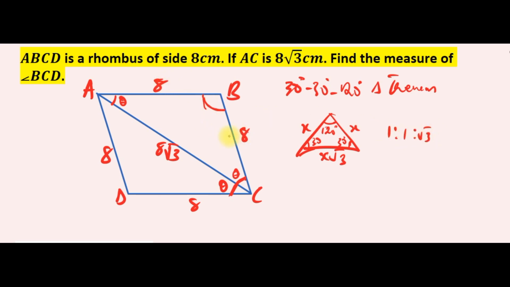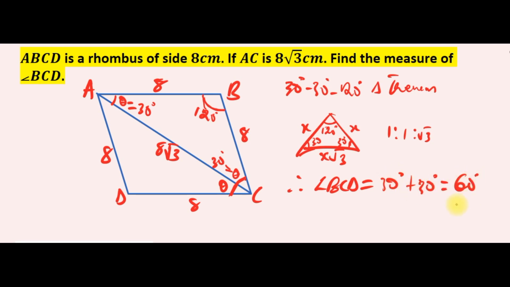This is 8 root 3, so the ratio is 1:1:root 3. So without wasting time, theta is 30 degrees, and this is 120. Therefore, the angle we are looking for, angle BCD, is just 30 degrees plus 30, which is 60. So the answer is 60 degrees.